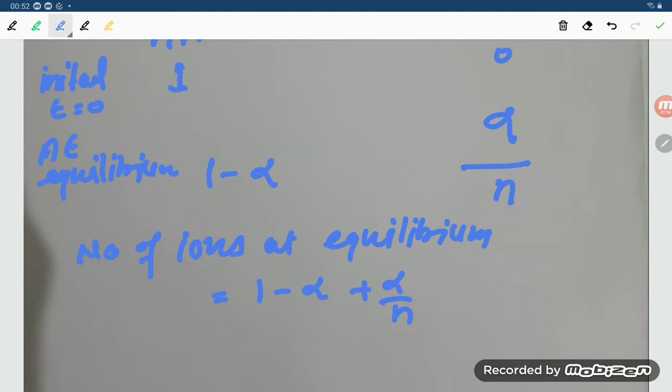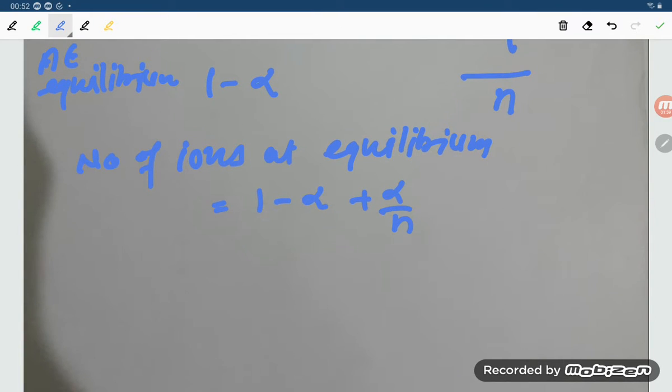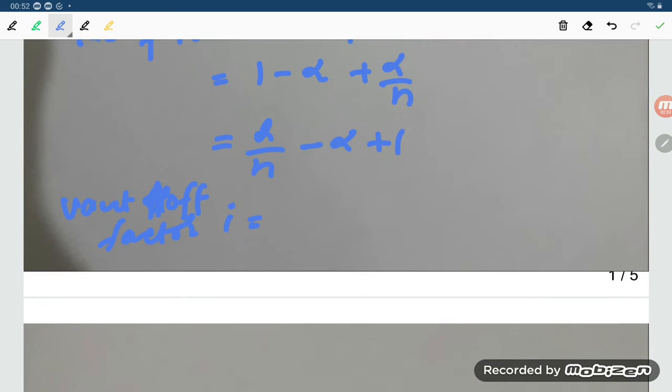Rearranging this, it will be alpha by n minus alpha plus 1. Now, how to calculate the van't Hoff factor? The van't Hoff factor I is the number of particles after association divided by the number before association.